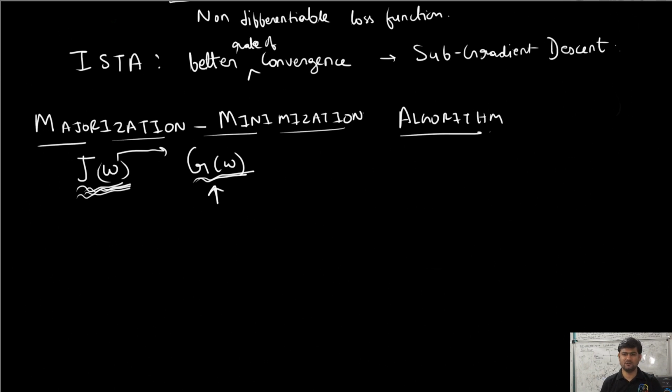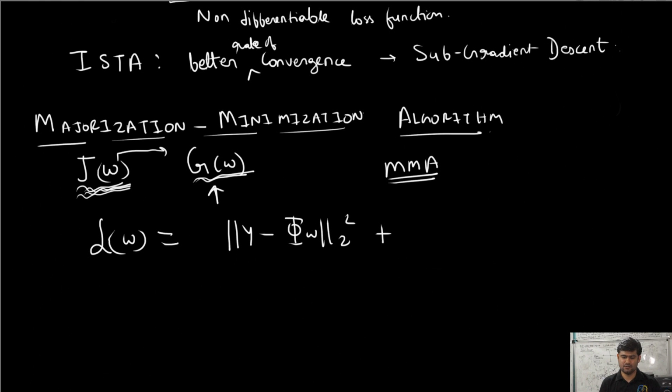And now in this part of the lecture, we will discuss the majorization and minimization in detail, and we will see how we can use the majorization minimization algorithm, or MMA for short, to minimize the loss function in the L1 norm regularized least square problem, which is norm of y minus phi times w squared plus lambda times L1 norm of w.